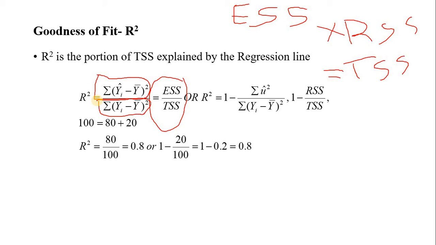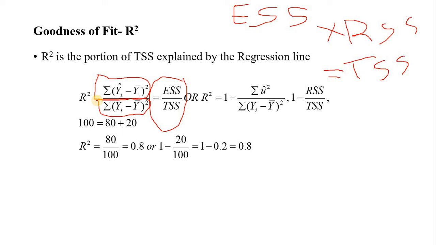If you divide sigma (y cap minus y bar) square by sigma (yi minus y bar) square, you will get the value of R square. Or you can use 1 minus sigma u cap square divided by sigma (yi minus y bar) square, that is, 1 minus RSS divided by TSS. So R square is equal to ESS divided by TSS, or 1 minus RSS divided by TSS.